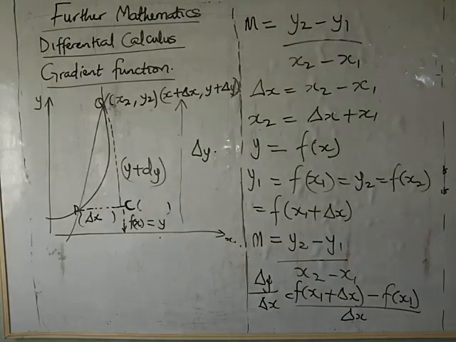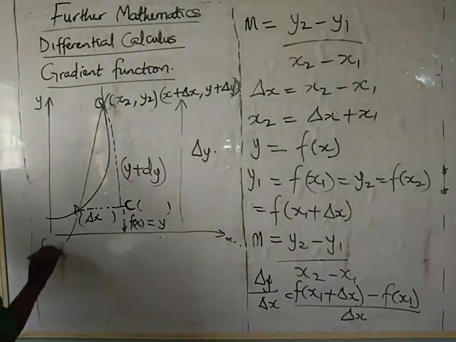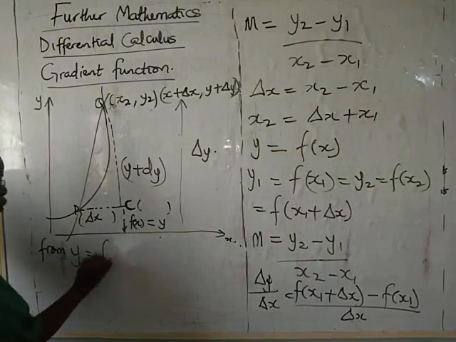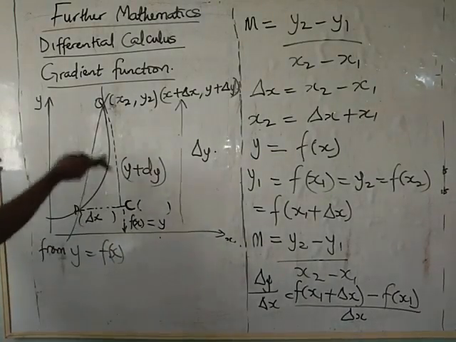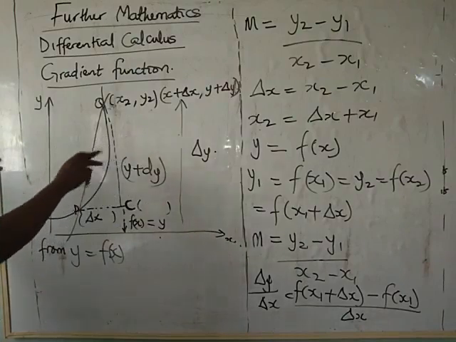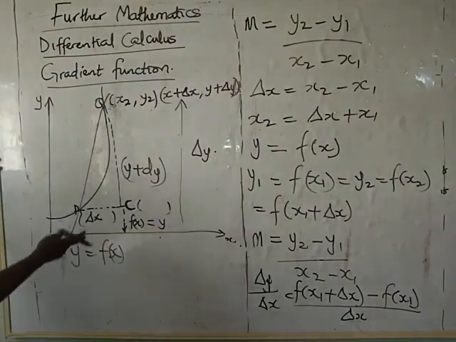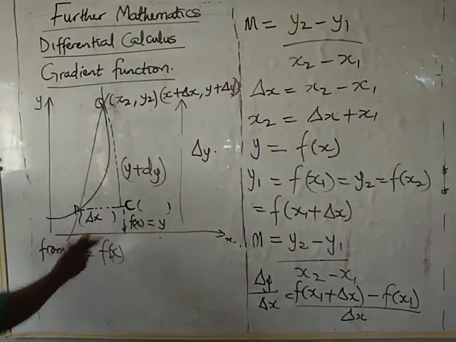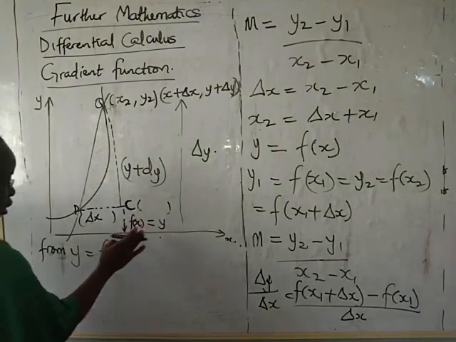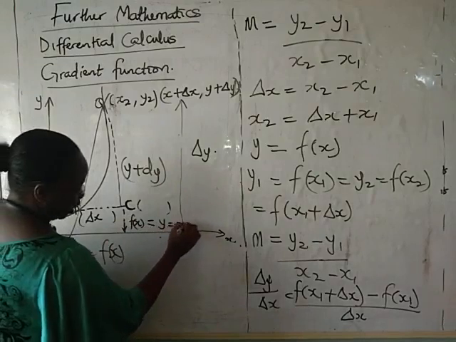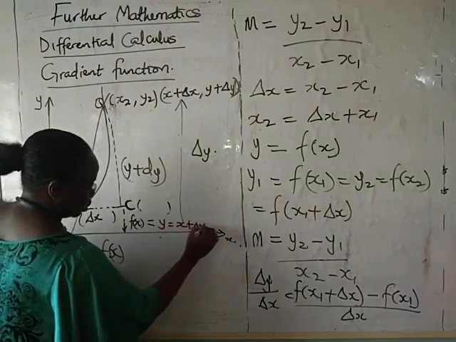From our y is equals to f of x, of course, as y is increasing here, we see that our x value is also increasing, which gives rise to delta x here. So definitely this will give me x plus delta x.